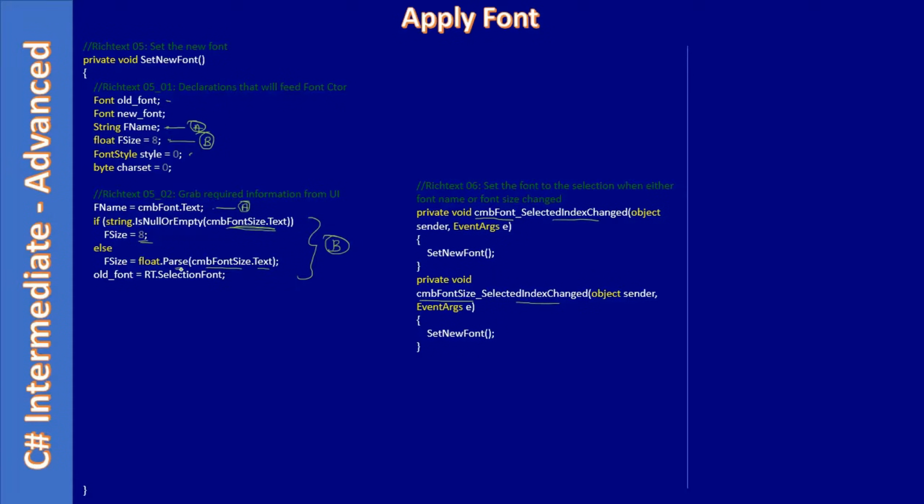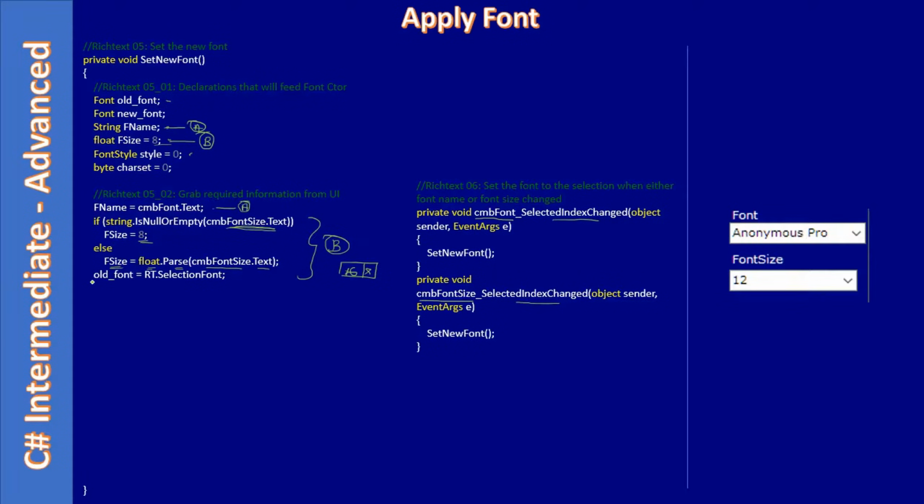So we are parsing it into float, and we are storing that in the f size. So if user selected something from that combo box, so instead of 8, let's say they selected 16 as the font size, then this will return false, and we will go here and we retrieve the content from the combo box. This is the text content, right? We retrieve it, parse it, and we store that in the f size.